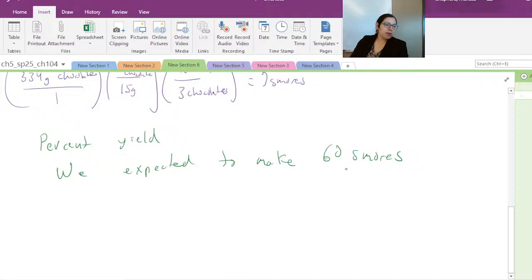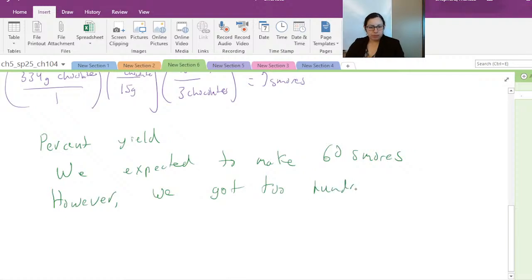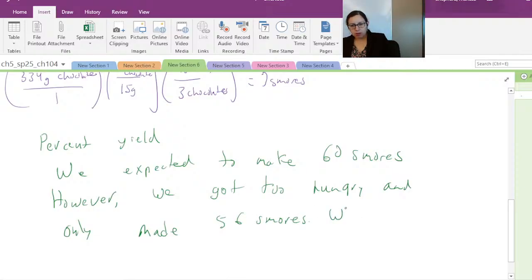So if we expected to make 60, however, we got too hungry and only made 56 s'mores. So what is the percent yield?